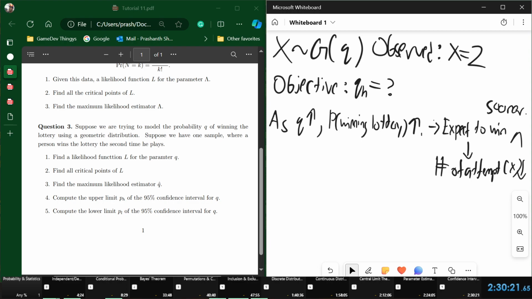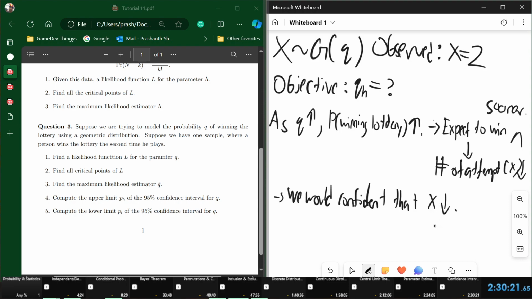So if the number of attempts should decrease, that's what we would expect. But this is about confidence intervals. So we would be confident that x would decrease. By extension, we would not be confident that x would increase.